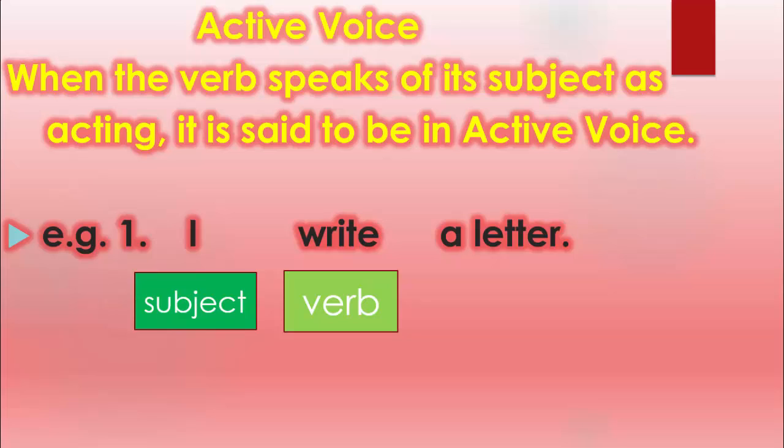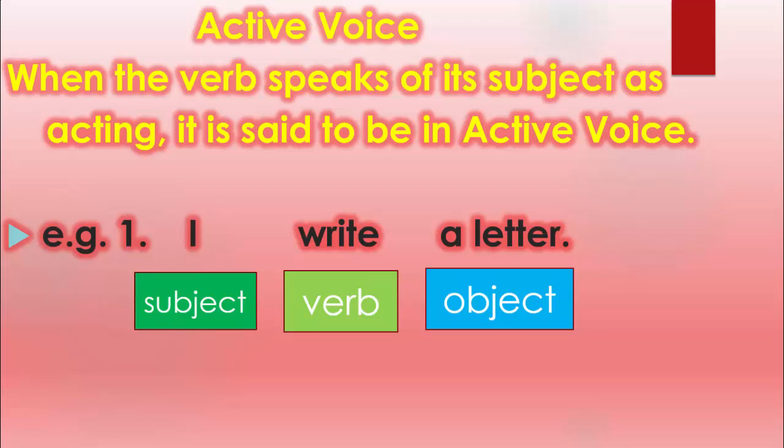A verb is the part of a sentence that tells us what the subject performs. What do? I write. That is the verb. A letter is the object.